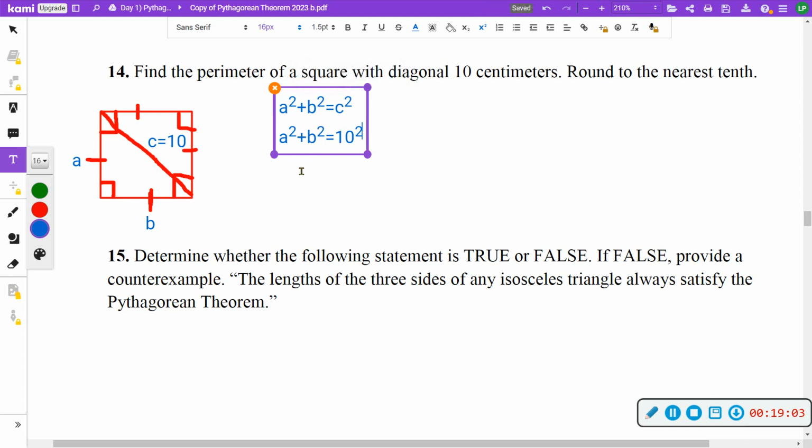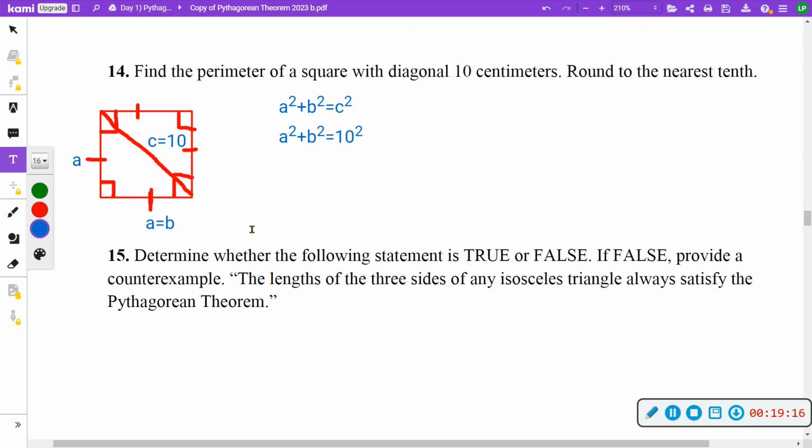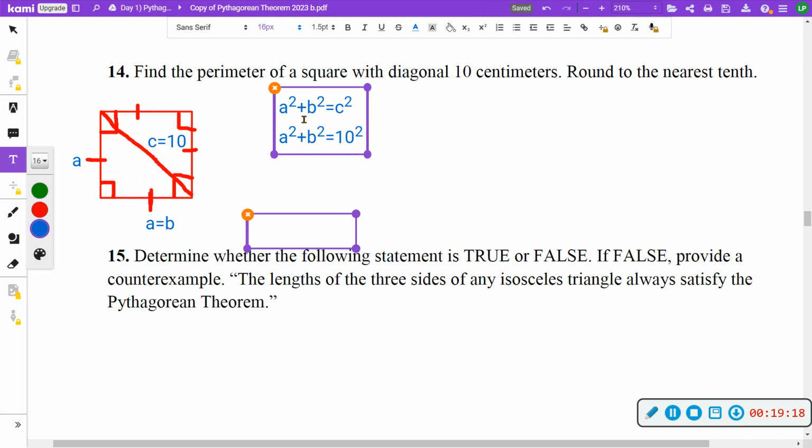But I might realize, wait a minute. These are always going to be the same because it's a square. So really, A will equal B because it's a square. So what that means is I could go up here and change one of these B's to an A. But now I have this equation that I could solve.